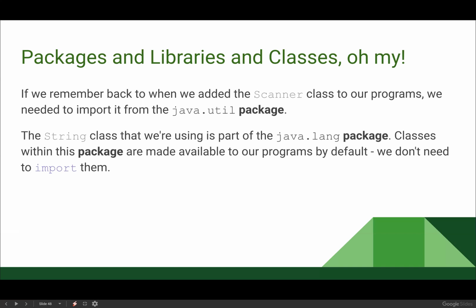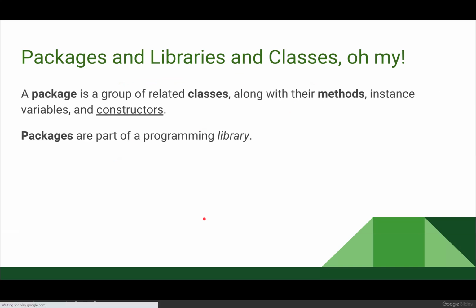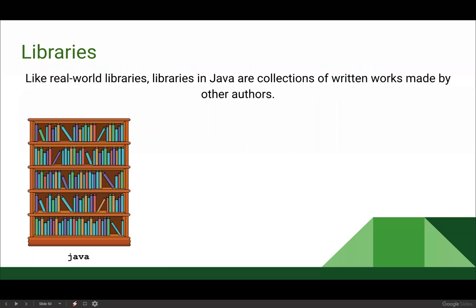So let's go a little bit deeper and discuss what packages and classes and libraries even are and how they all interact. So a package is a group of related classes along with their methods, their instance variables, and constructors. Packages are part of programming libraries. Libraries are just like a real library.